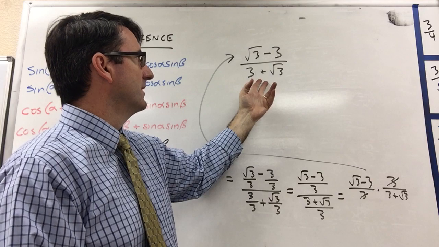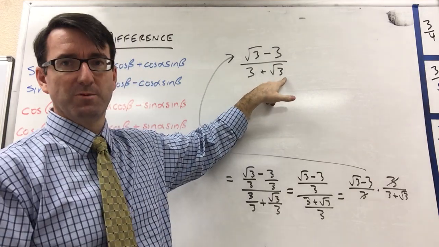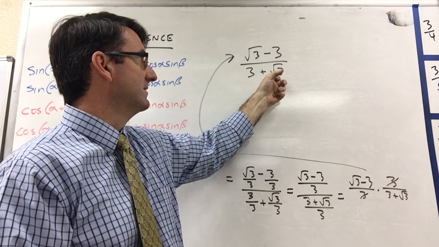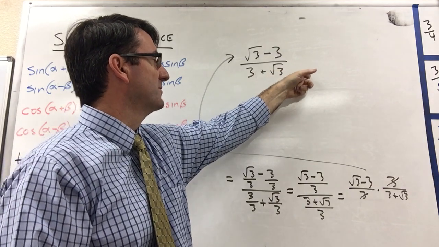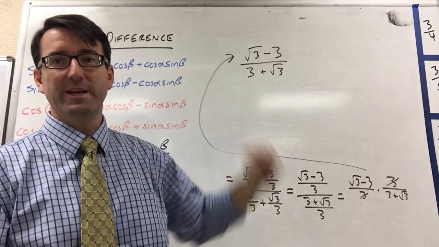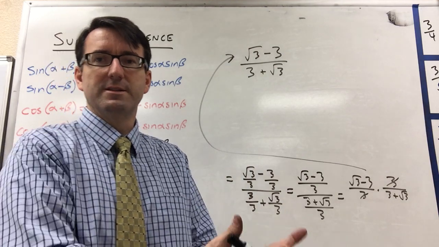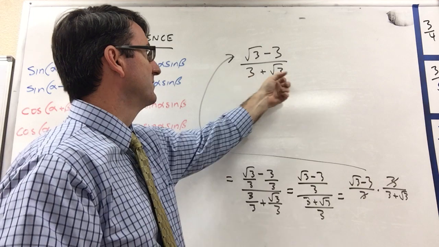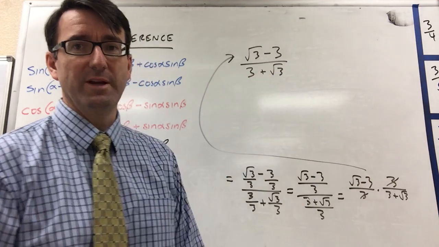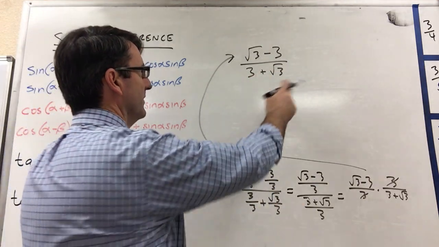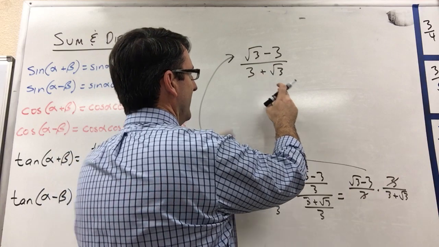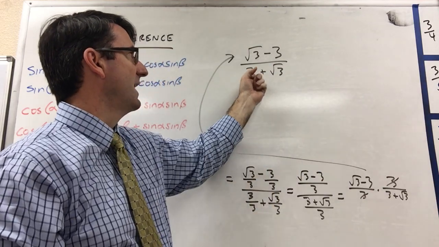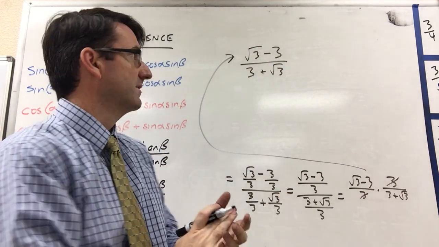So if we just multiplied by the square root of 3 on top and bottom, that would get rid of this radical. But then if we multiplied square root of 3 times 3, that's going to just introduce another radical there. Also, if we multiplied by 3 plus the square root of 3, if we FOILed that out, we'd get 9, and on the end we'd get 3, but in the middle we'd have 2 times 3 times the square root of 3.